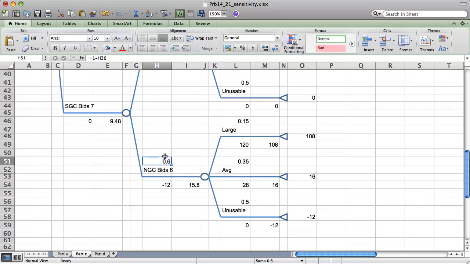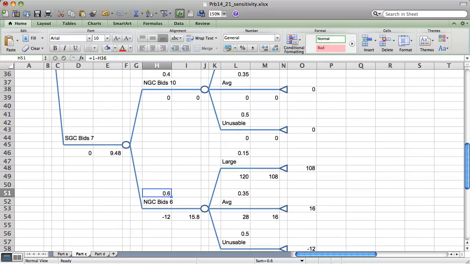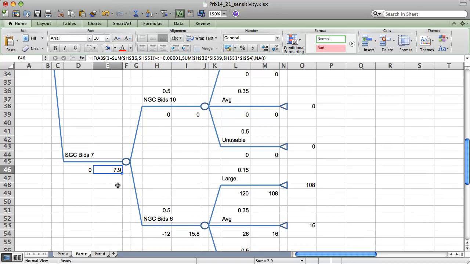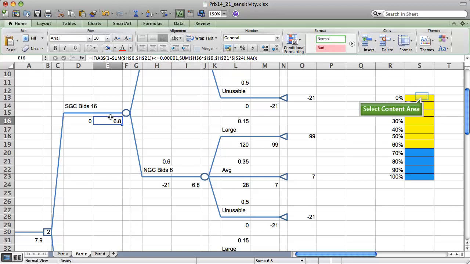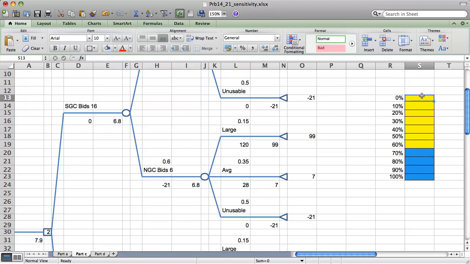So what we want to do is to see how sensitive our decision would be to NGC. What if there were a 50-50 chance? Well, our decision would still be to bid low because the 7.9 expected is still greater than the 6.8. By varying that probability, we can complete the table on the worksheet Part C.